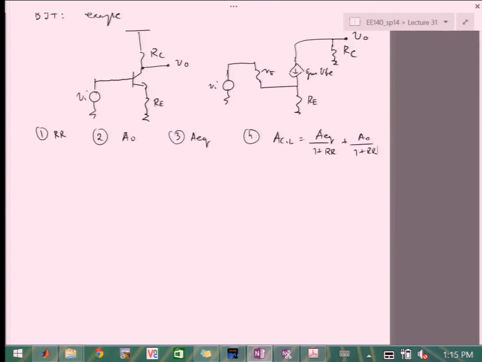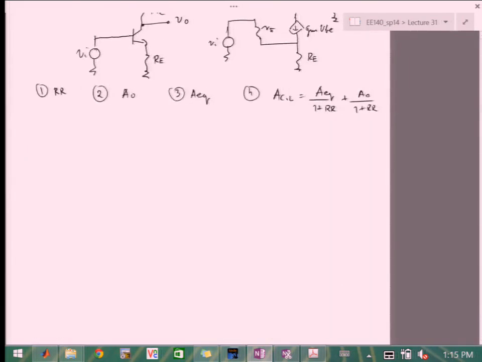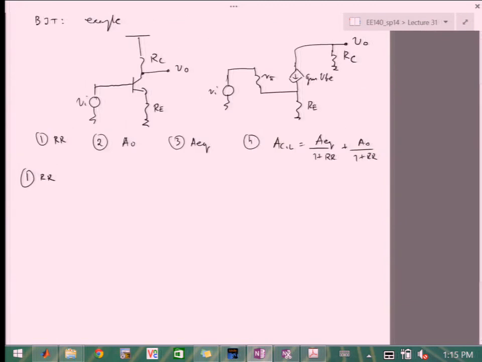So the way we do number one, we do the return ratio. We have to break the feedback loop and then insert the source and then terminate the other side with the impedance that the independent source is seeing.